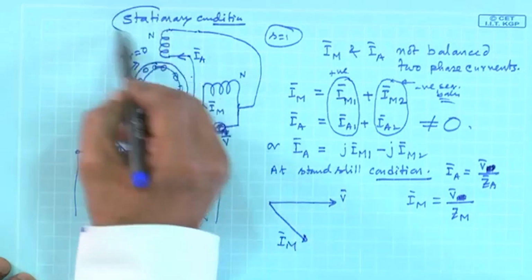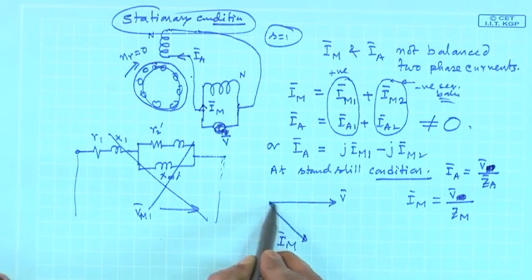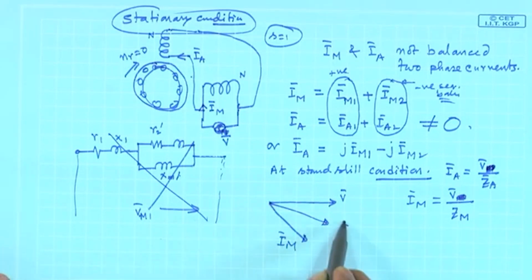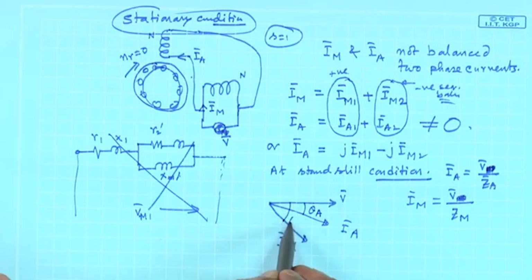Mind you, all things I am talking about now are at stationary condition. The auxiliary current may be like this. So, this is the power factor angle of the auxiliary winding, and this is the power factor angle of the main winding.